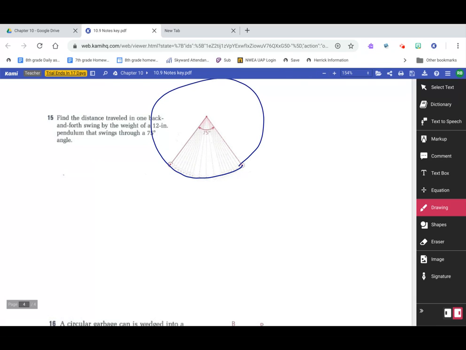It's a pretty bad circle, but it'll work. So 75 degrees out of the 360 degrees for a circle times the circumference. So if the pendulum is 12 inches, that means that the diameter is 24. So your circumference would be 24 pi, because remember, circumference is pi times diameter.